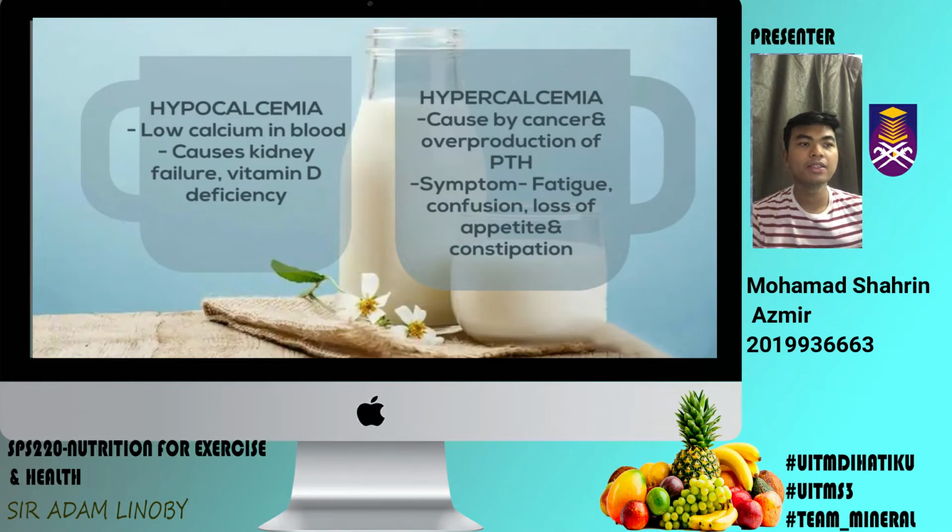Hypocalcemia is low calcium in the blood. Causes include kidney failure and vitamin D deficiency, which means lack of vitamin D. Next is hypercalcemia, where calcium in the blood is above the normal level.